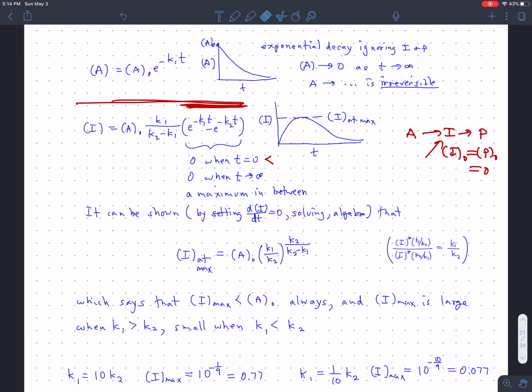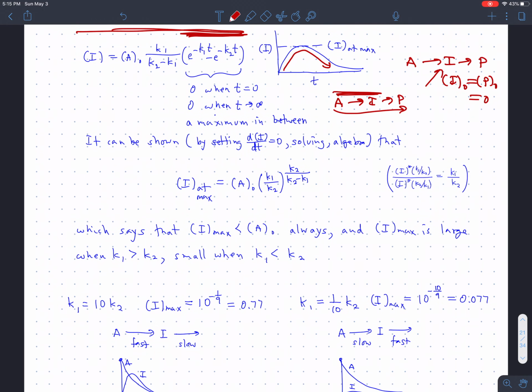And that means that in between there must be some kind of maximum. The intermediate concentration rises and then falls. It rises from 0 at the start and then falls back to 0 as time goes on. Of course, the reason for that is that A is going to I, which is then going to P, and everything is draining eventually to P, which means both of these guys have to be going to 0 at long enough times.